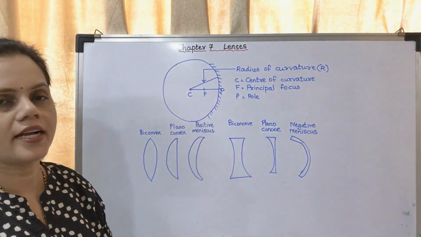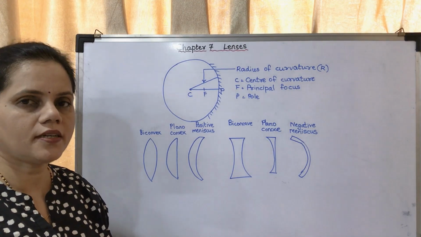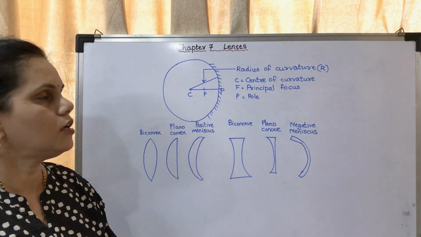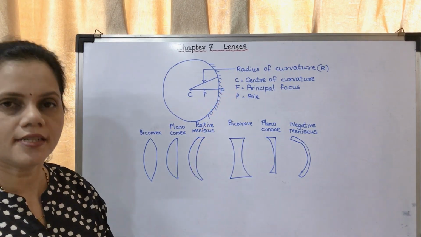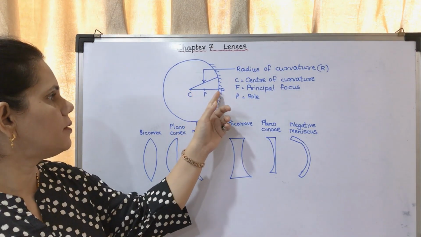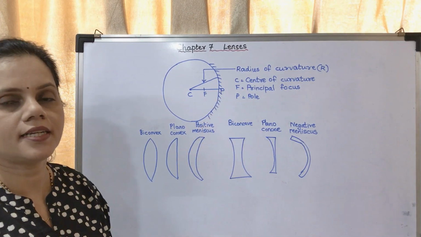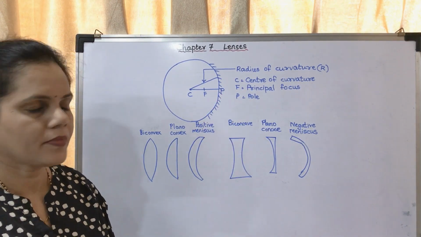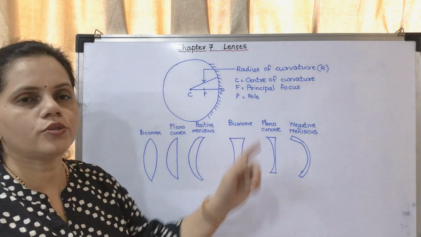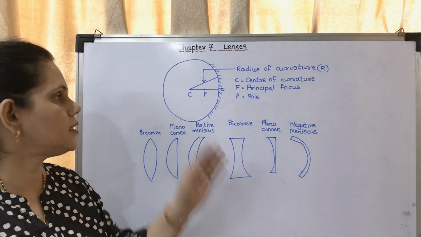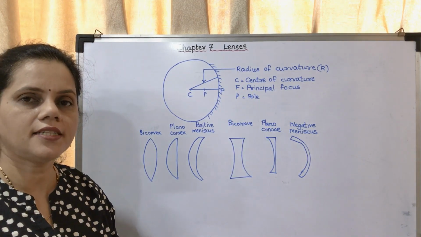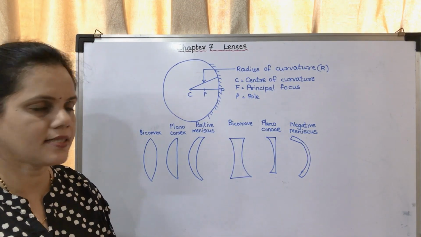The center of that sphere, of which the mirror is a part, is called the center of curvature, denoted by the letter C. The center of the mirror is taken as the pole, denoted by P. The line drawn through C and P is called the principal axis.